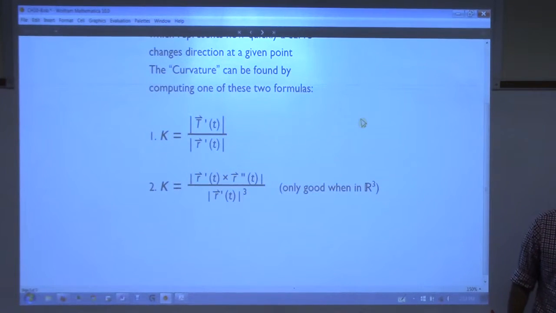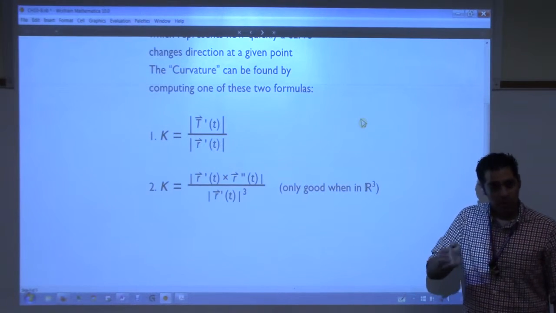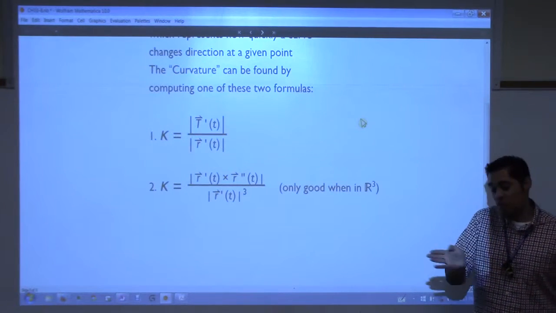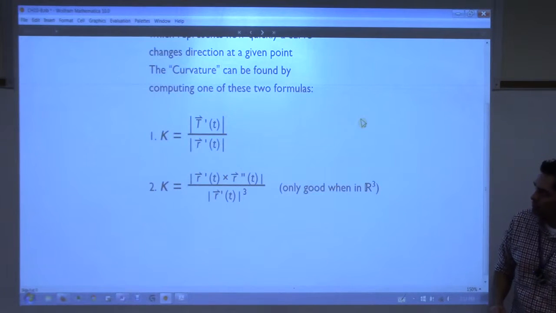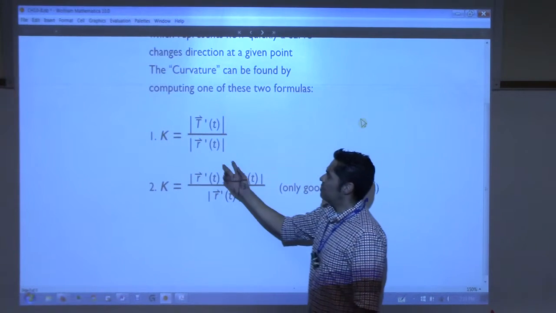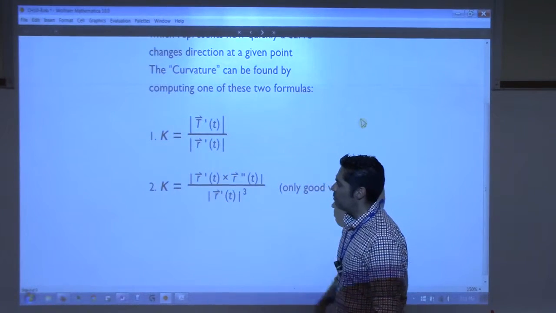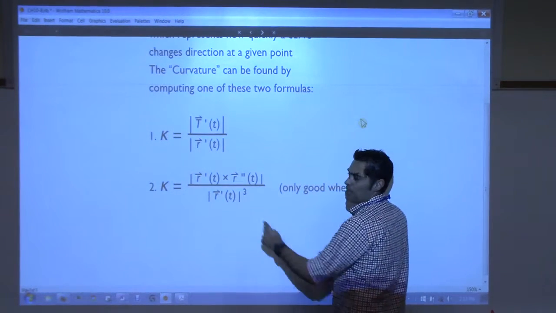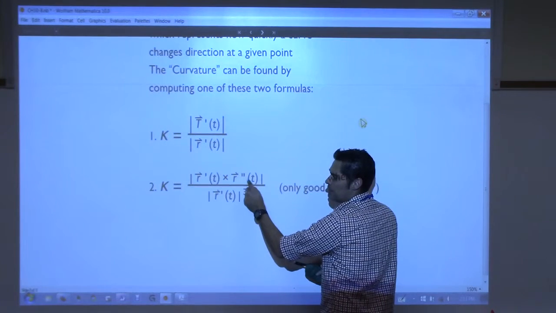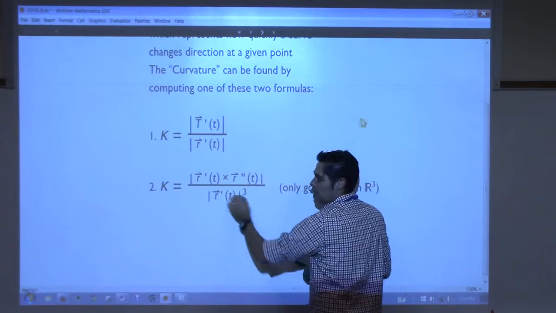Curvature is how fast the curve is curving, how fast it's turning, right? That's one formula. Sometimes this is easy to compute, sometimes it's very difficult to compute. There's the alternative formula. It brings in the second derivative of the position function, and you have to do a cross product and a magnitude.